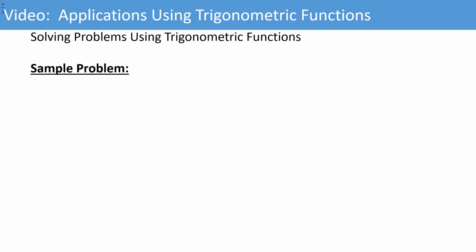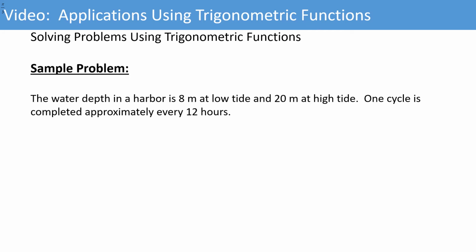Here is a sample problem that we're going to analyze. The water depth in a harbor is 8 meters at low tide and 20 meters at high tide. One cycle is completed approximately every 24 hours.